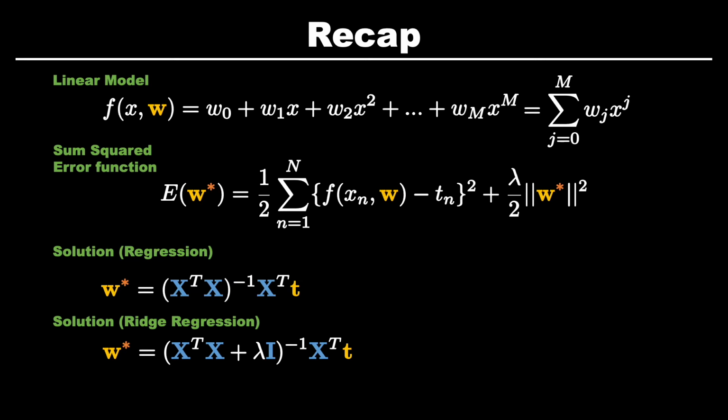We also had the formulation of how, given a weight vector that we found using regression, to make predictions. The symbol T with a hat on it represents the prediction. In this case, it is a vector of predictions. Recall that I am using bold lowercase letters with orange color for vectors and bold uppercase letters with blue color for matrices.